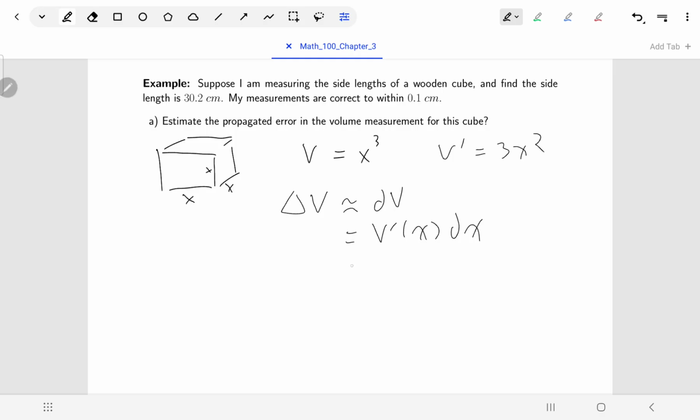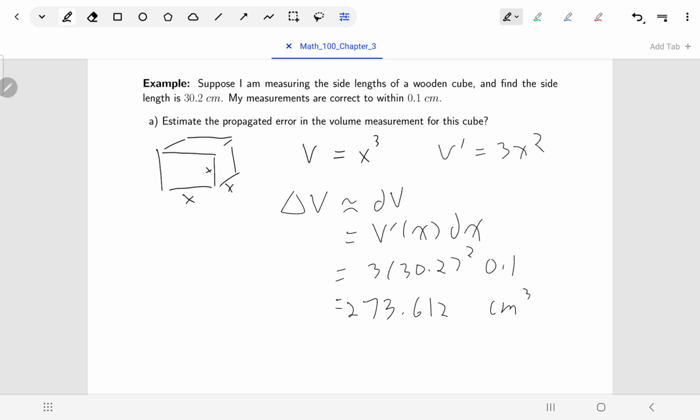How much of a change would that make to the volume? So putting in what I have, if I had 30.2 for my x value and dx was 0.1 because I'm close to plus or minus 0.1, I would get 273.612 centimeters cubed.